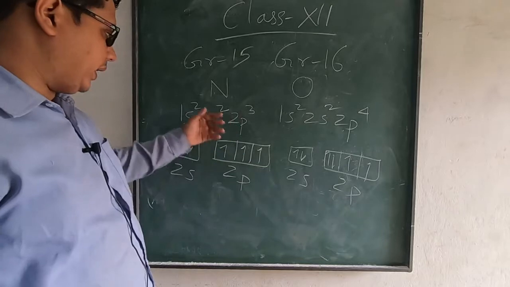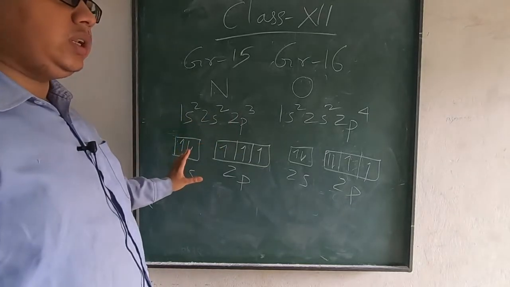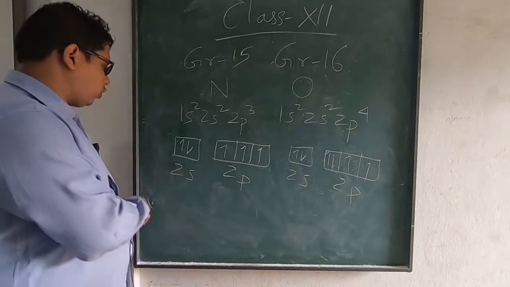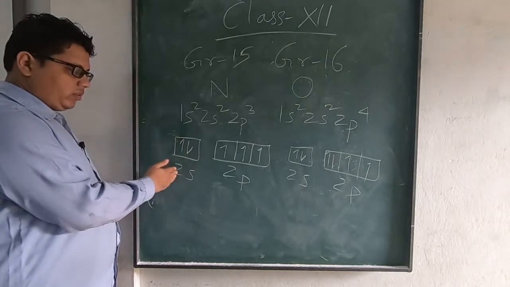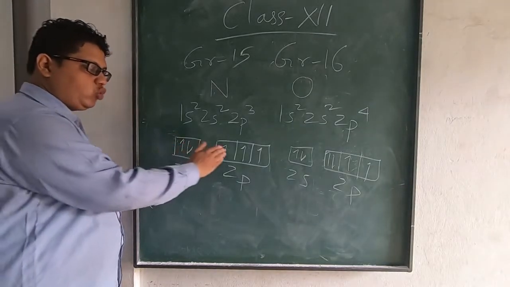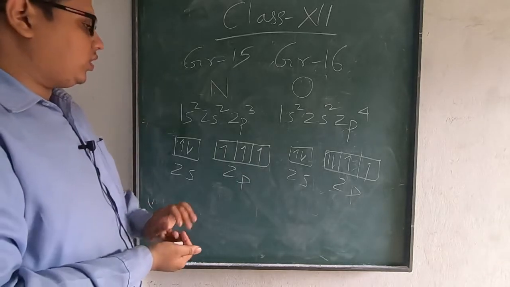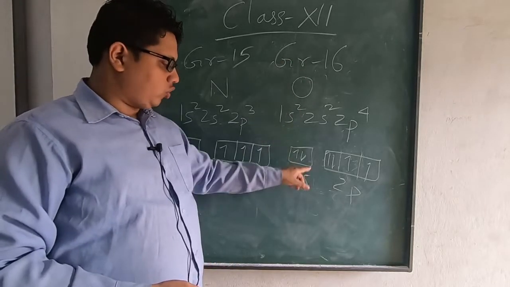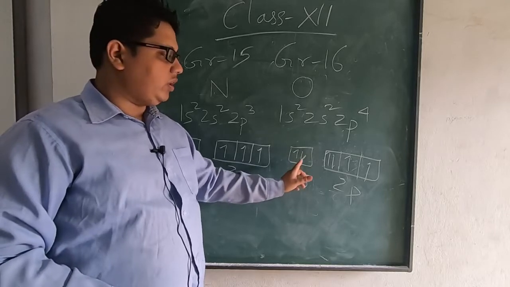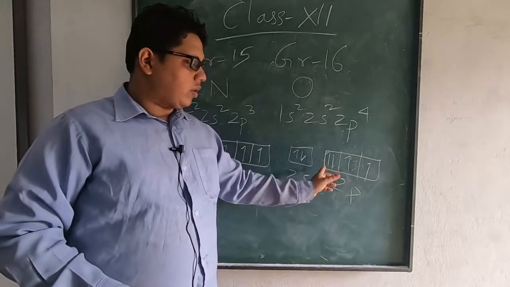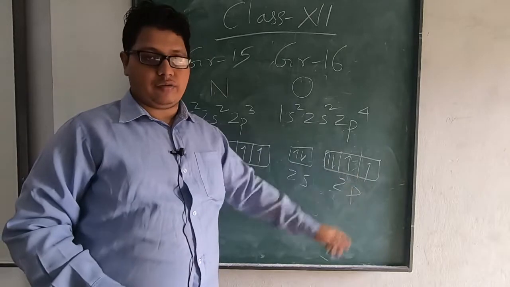If I write the outermost shell in this format, you can see 2s is completely filled and 2p is half filled, while in oxygen 2s is completely filled and 2p has 4, more than half filled.